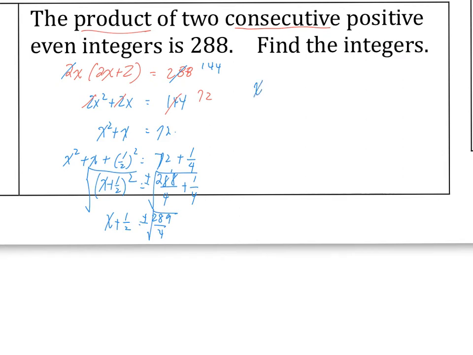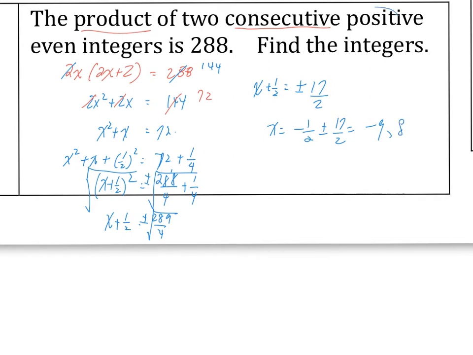So x plus half equals positive or negative, and then perfect square 289, 17 over 2. X equals negative half plus or minus 17 over 2. And we have two answers: negative 1 minus 17, negative 18 over 2, negative 9. Negative 1 plus 17 will be positive 16 divided by 2 is 8.